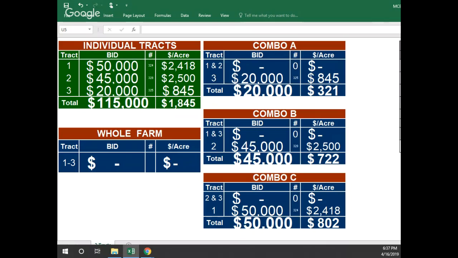Neat property, guys. A lot of road frontage. Got road frontage on 2 sides. Tillable land. Nice little recreational piece.